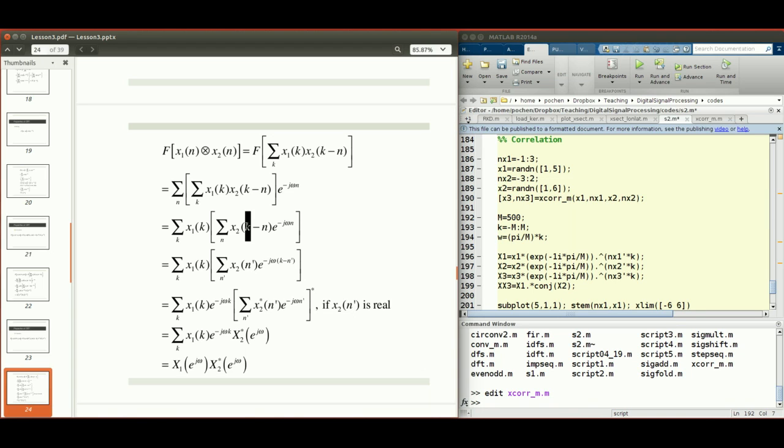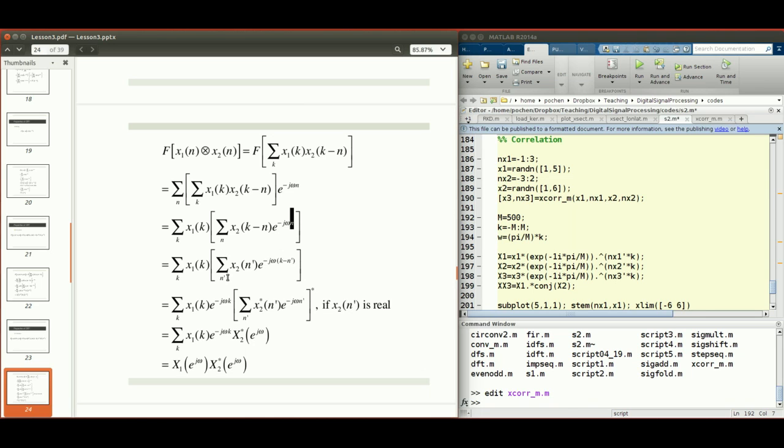But let's still try to carry out the calculation in the normal way. Let's try to replace k minus n with another index. Let's just call it n prime. So n prime equals k minus n, so n equals k minus n prime. Here n is replaced with k minus n prime, and then the summation index becomes n prime.